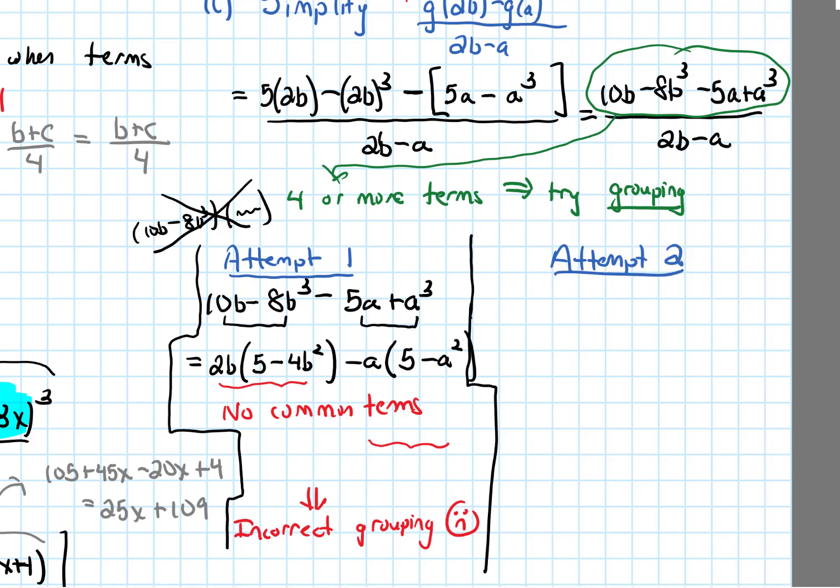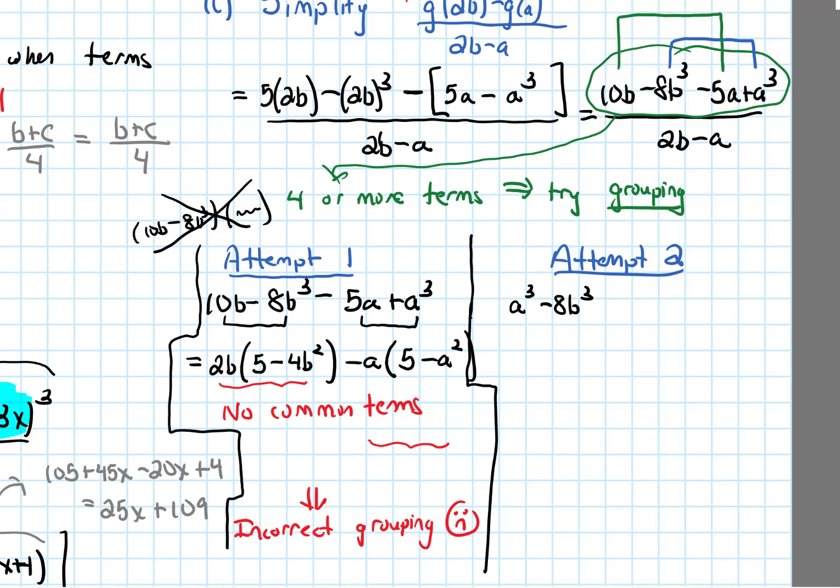So if I look at these terms, keeping in mind how we factored part B, that difference of cubes, let's put the a cubed and minus 8b cubed together. So let's try putting these two together, and then we'll try keeping these two together.